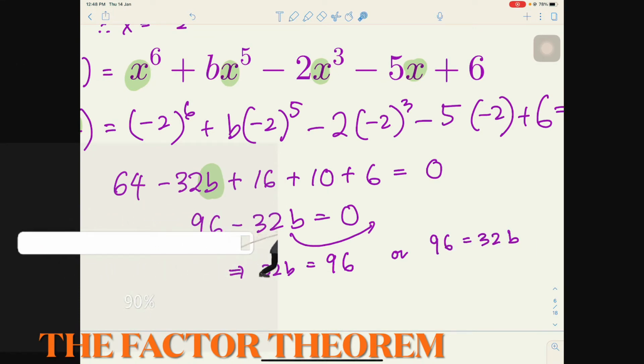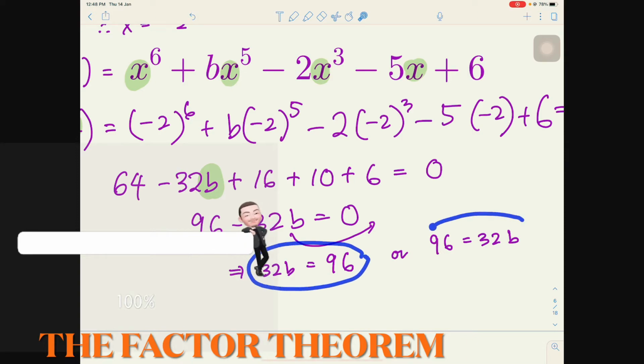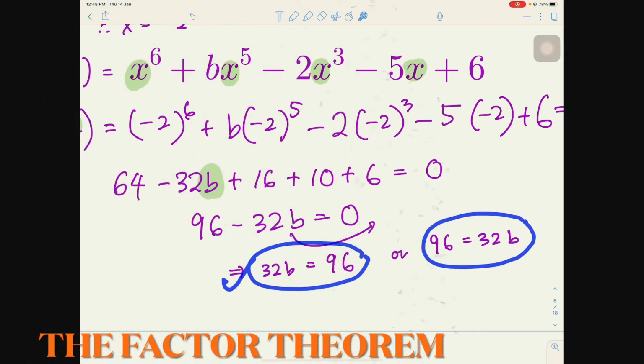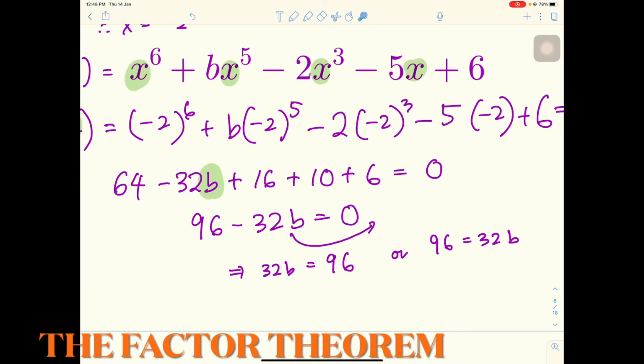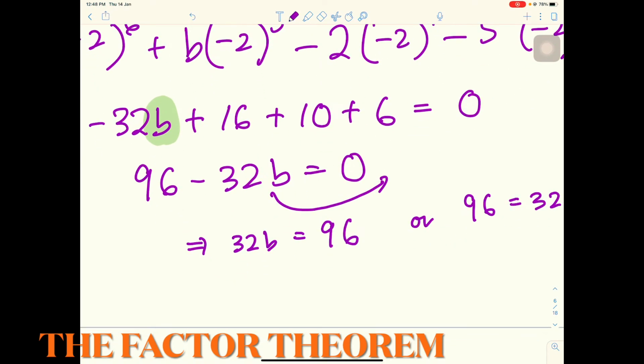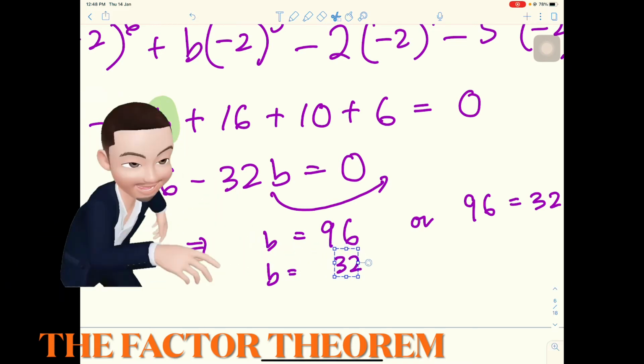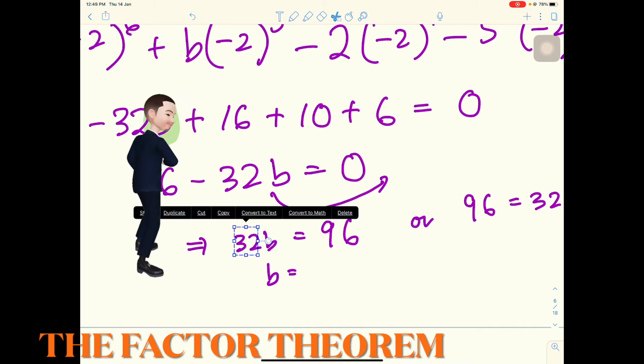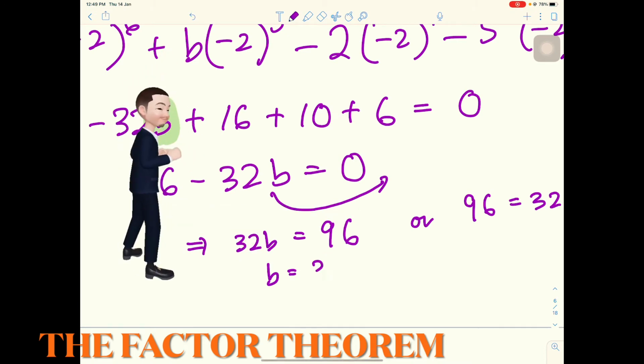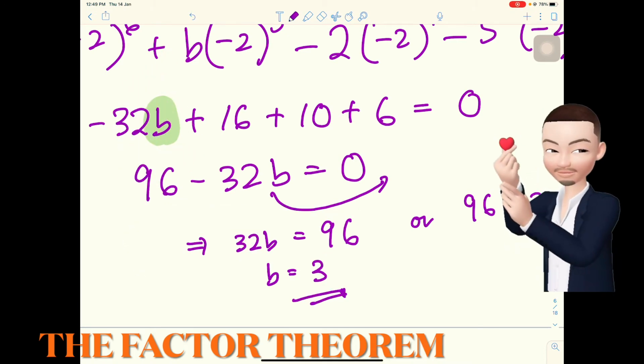You can use either one. This is the simple way, but for this one I want b on my left hand side. Then 96 divided by 32, so the answer will be 3. Therefore b equals 3.